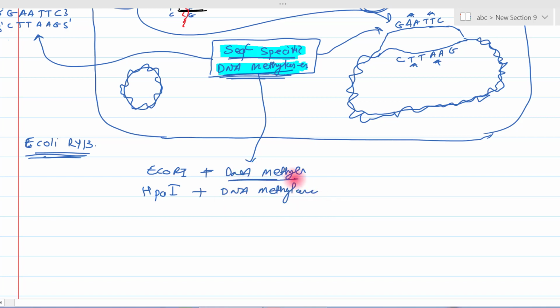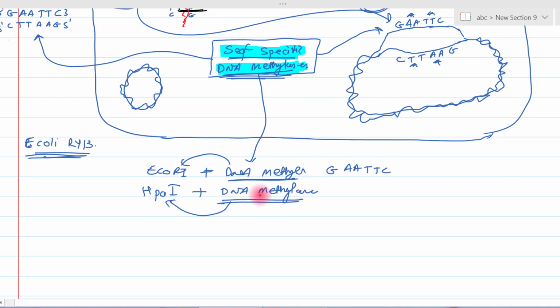So remember, this DNA methylase and this DNA methylase are both different. This DNA methylase is specific for EcoR1. This DNA methylase is specific for HpaI. Why? Because both restriction sites are different. In this case, this EcoR1 specific DNA methylase will act only on GAATTC, only on this site.